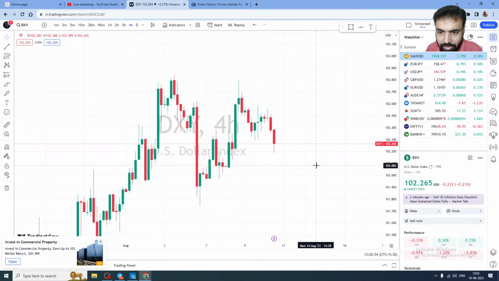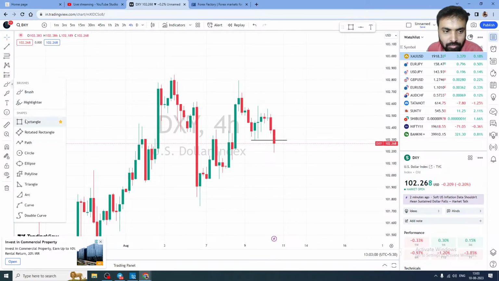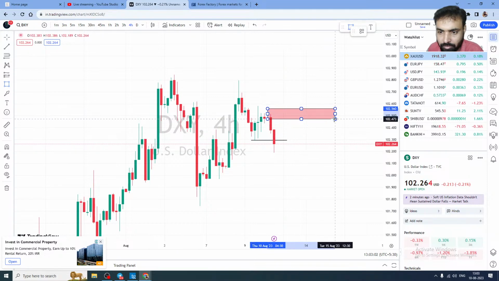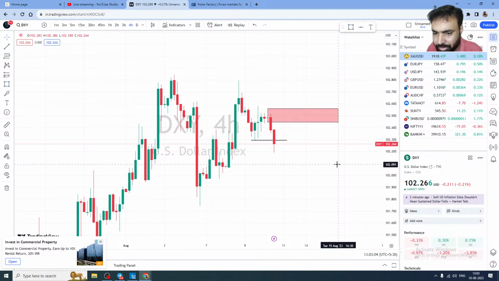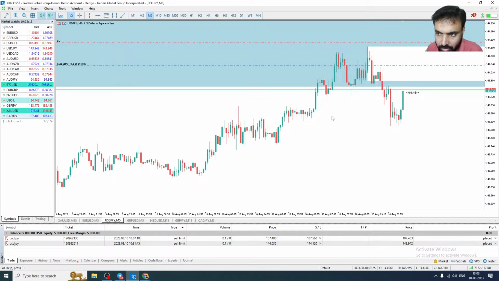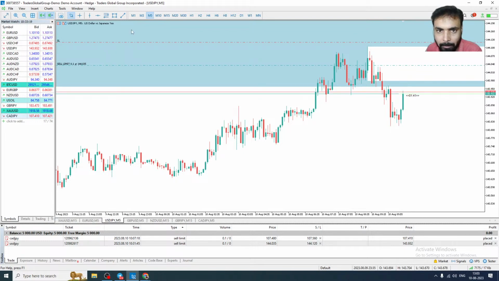The dollar index is still bearish in the 4-hour time frame. It has broken the structure. So the dollar is bearish. It comes up a little bit and goes down. So if the dollar is bearish, then USD JPY also will be bearish. So now it's going very fast.